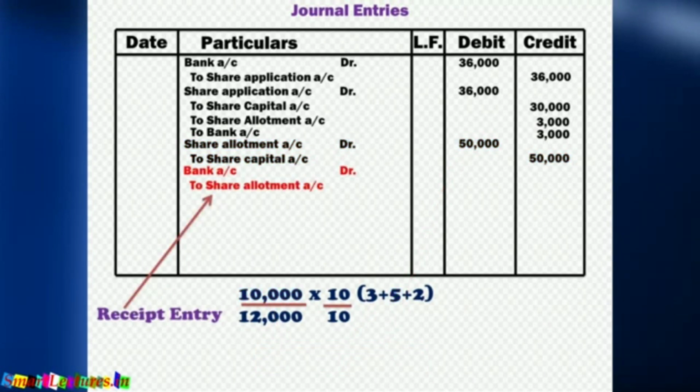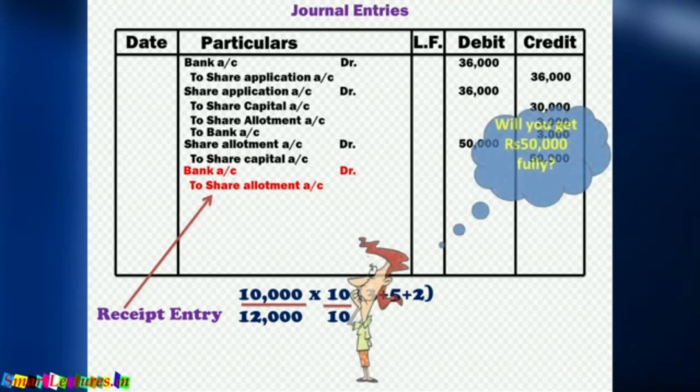No. You have already got rupees 3,000 as an advance for allotment at the time of application. So you will receive only 50,000 minus 3,000 because amount due was 50,000. 3,000 you have already got as advance. So you will receive 47,000 rupees at the time of allotment.